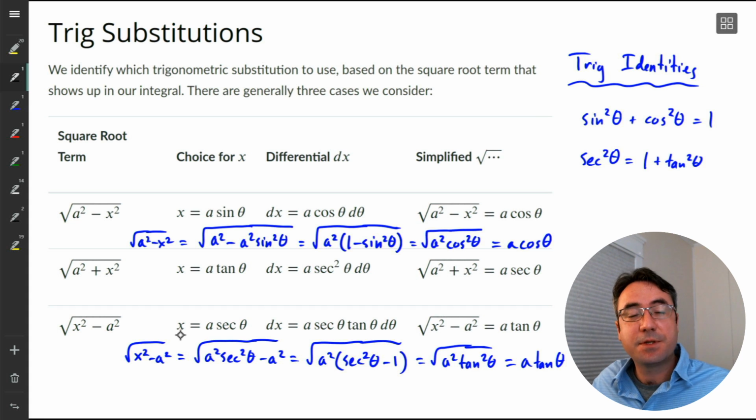And we said a was equal to 3. So we said x is equal to 3 times secant theta. So that matches up. We calculated our differential, the derivative: 3 times secant theta, tan theta, d theta. And then we simplified our square root function, and we said it was equal to 3 times tangent theta. And that's what this table is showing.